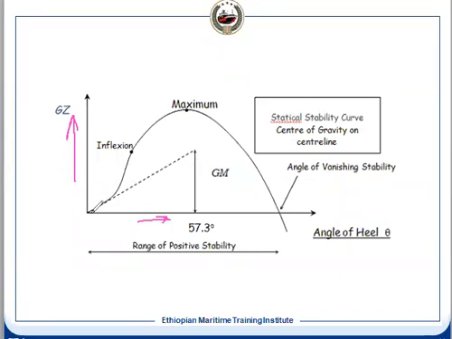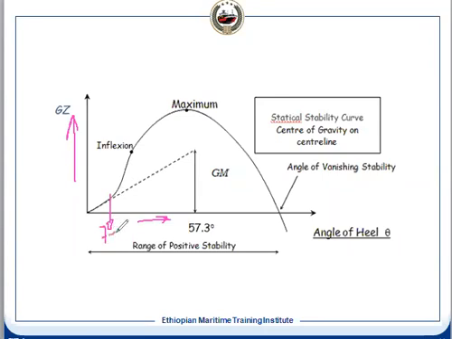Now to find out the actual GM, we take an angle of 57.3 degrees. Actually, we take 1 radian. At 1 radian, we draw a perpendicular, and we draw a tangent to the initial line. It means from 0 we draw a tangent to the small angle of heel, up to 7 to 10 degrees depending on the shape.